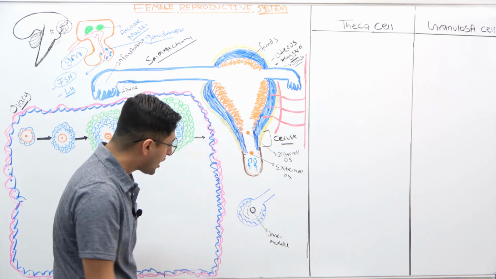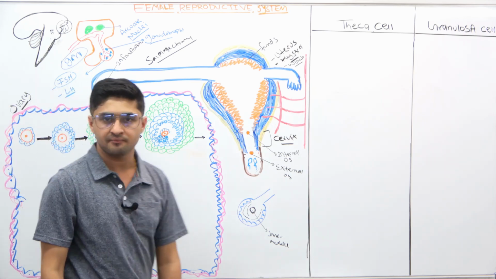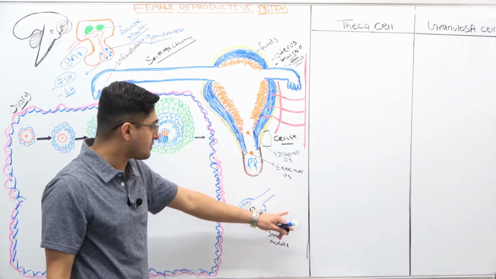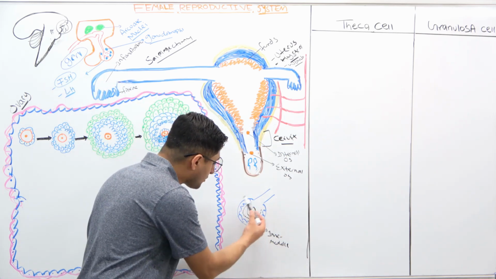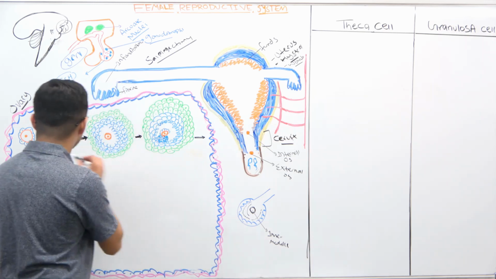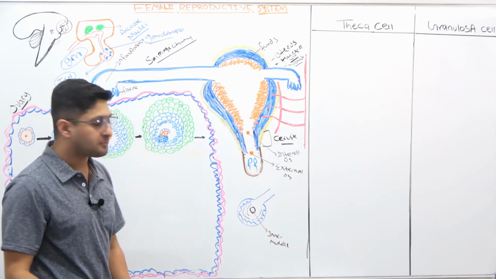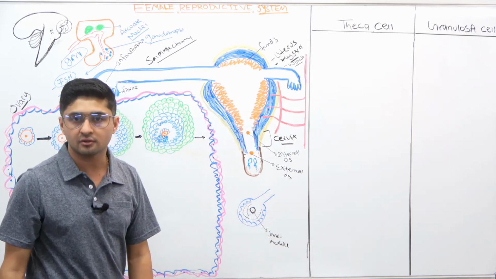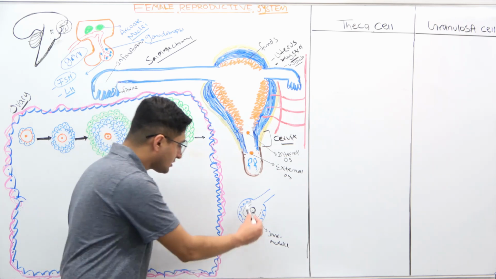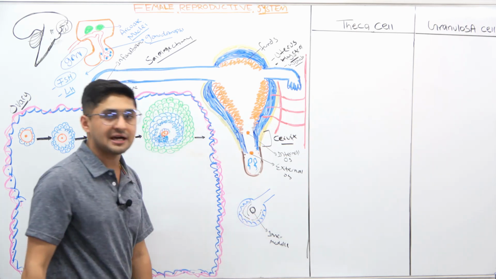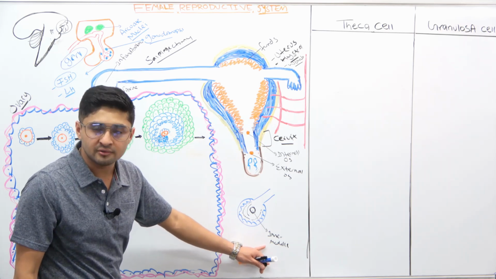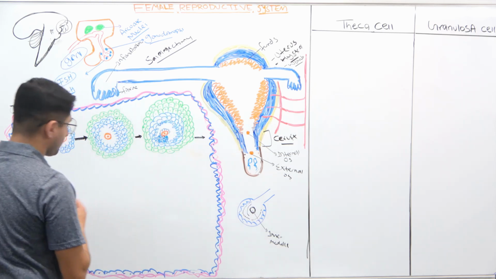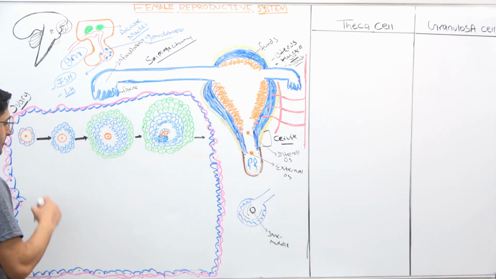That cortex is the one that contains all these follicle cells. The process of oogenesis and folliculogenesis happens in the cortex. The medulla contains lymph vessels, nerves, and blood vessels. So just remember that.